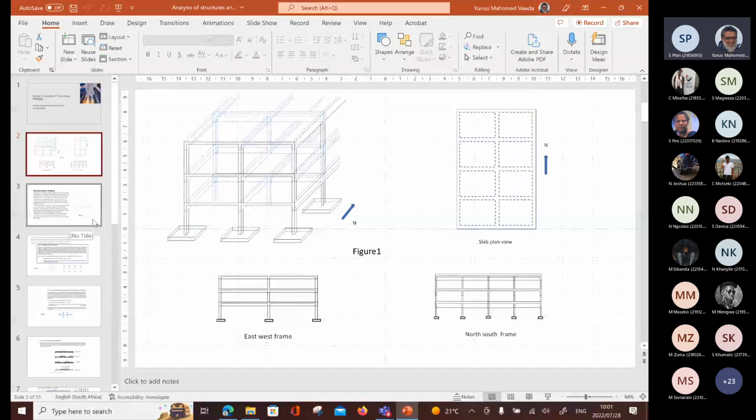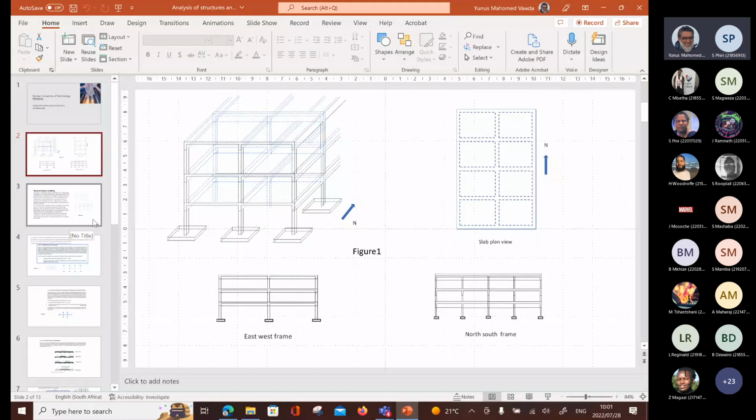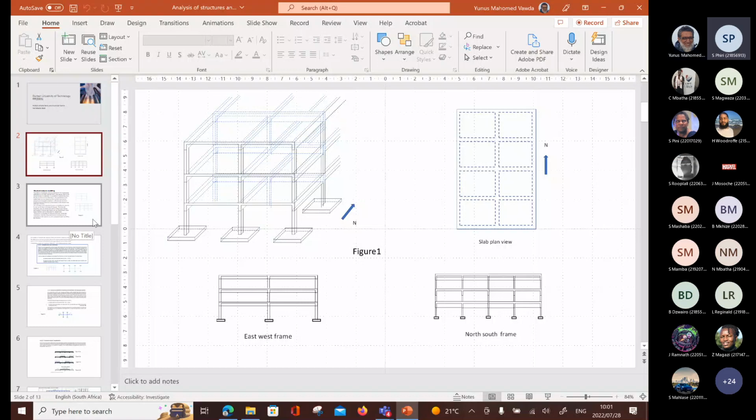So you're going to get to your place of work and you're going to find that there's a plan in front of you, probably from an architect, and maybe the first thing is to take that and extrapolate it for use for structures in CAD or BIM or whatever else they're using, right? So that's the first thing you're going to be faced with.